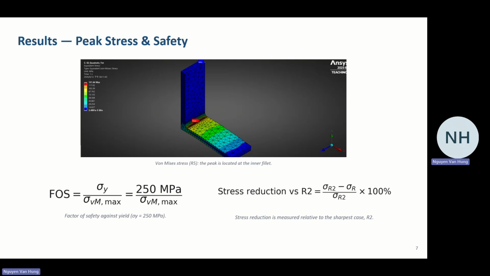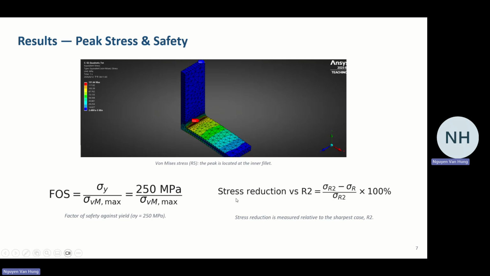Before the comparison, two definitions. The peak von Mises stress always sits at the inner fillet, as the contour shows. The factor of safety is the yield strength, 250 megapascals, divided by that peak stress.